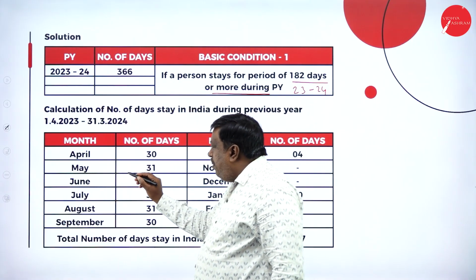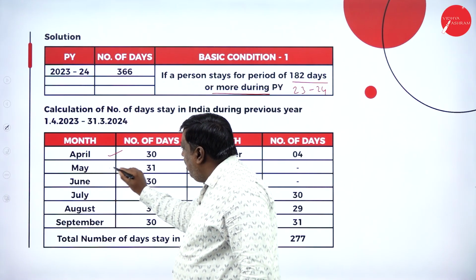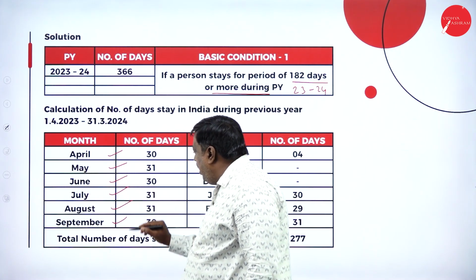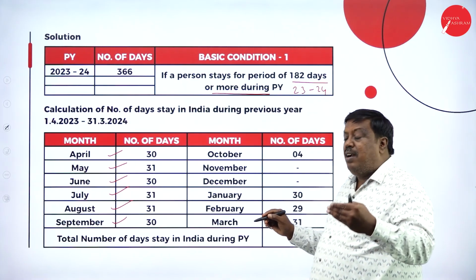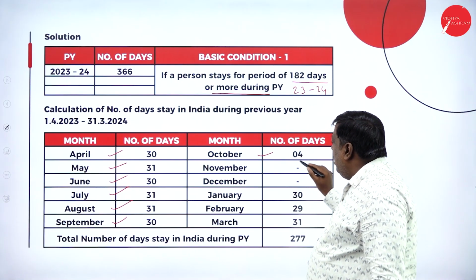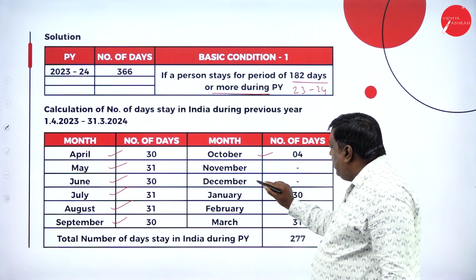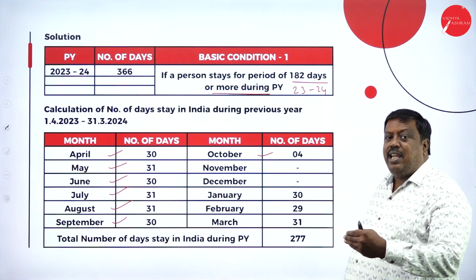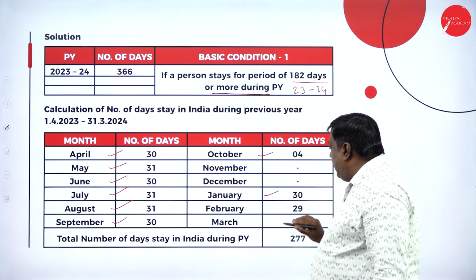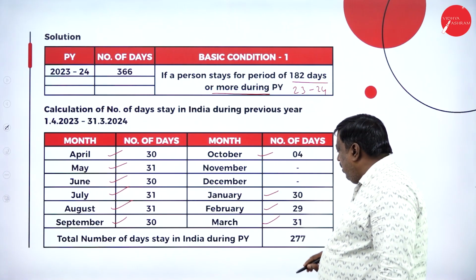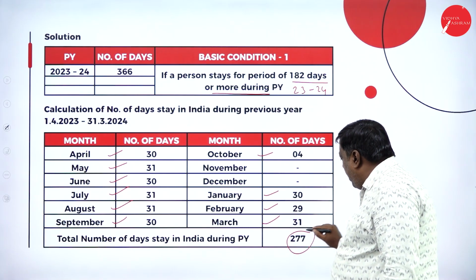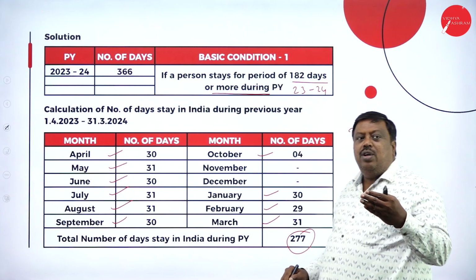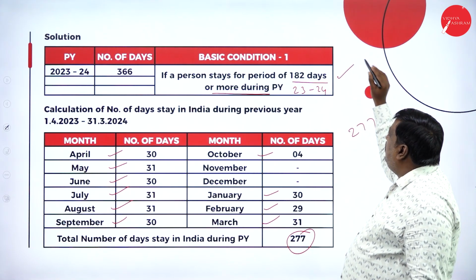In April, I was in India for 30 days, May 31, June 30, July 31, August 31, September 30, and October 5th I left India, means up to 4th I was in India. November, I was not in India. December, I was not in India. January 2nd, I returned back. So including 2nd, in the month of January I was 30 days, 29 days, 31 days in India. Totally I was in India for a period of 277 days. I should be here 182 or more, so I've satisfied my first basic condition.